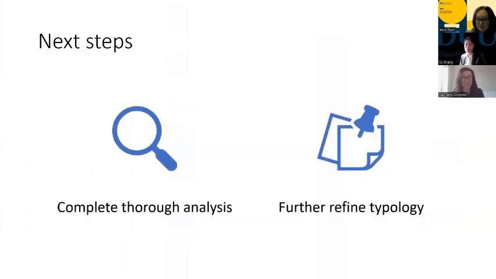The next steps are to complete this thorough analysis, fine-tune these findings and further refine the typology. We'll go back through the examples and make sure they're clear-cut, that there's no overlapping of categories, that the self-reflection is truly self-reflection, and consider how we can present that in the findings.